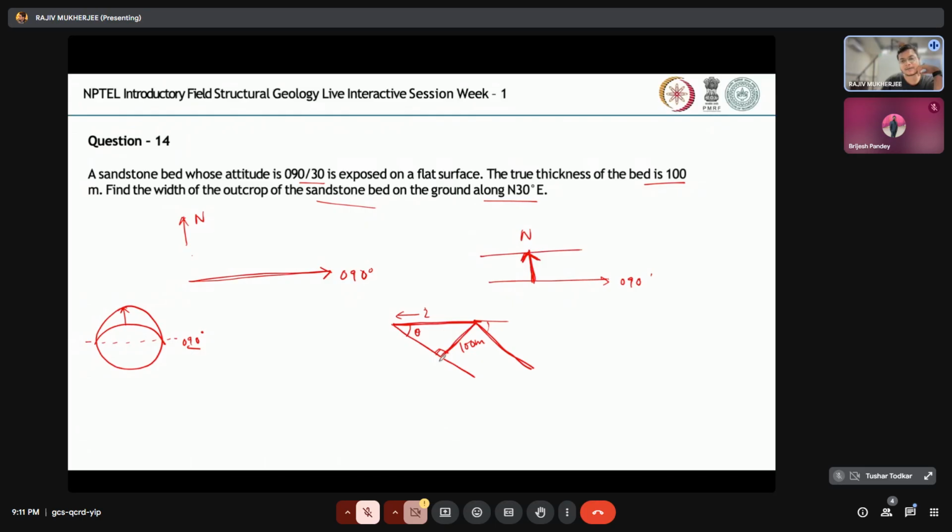So the relation will be 100 meters over the apparent thickness. So if this is XYZ, then the YZ line will be equal to the XY line divided by sine of the dip angle of the bed.